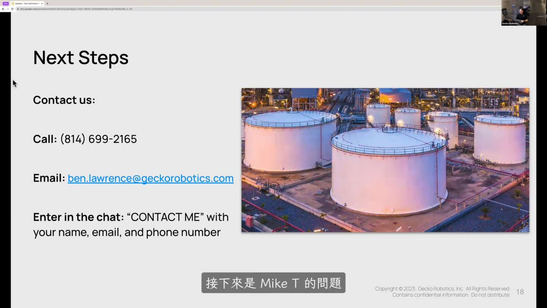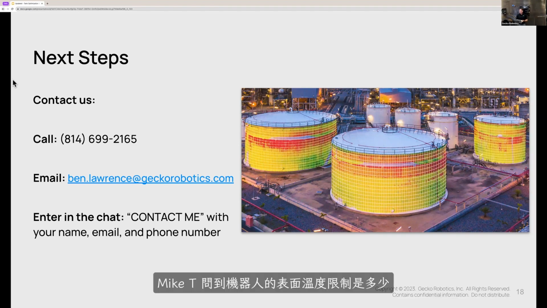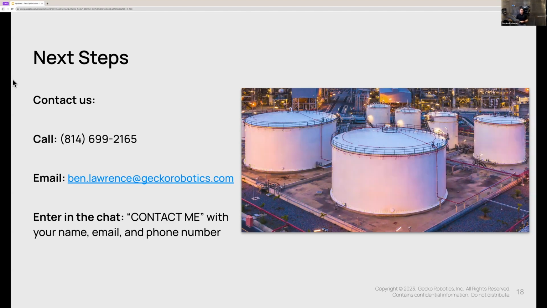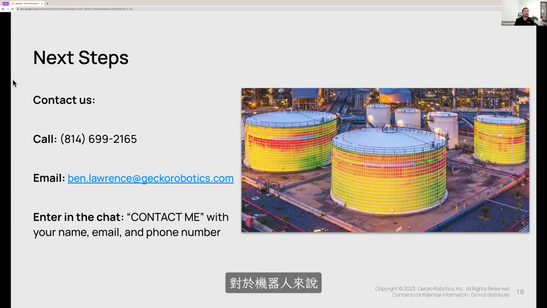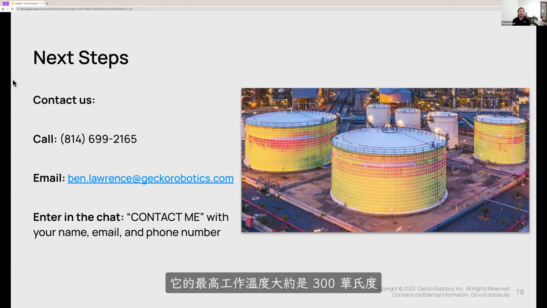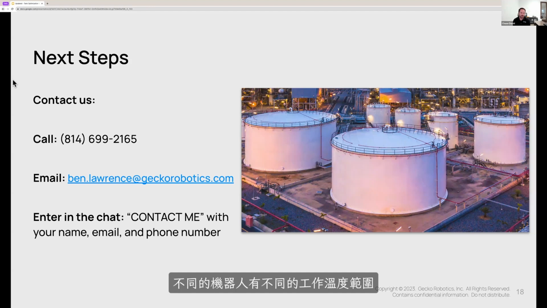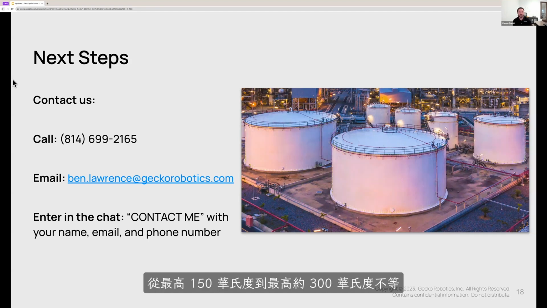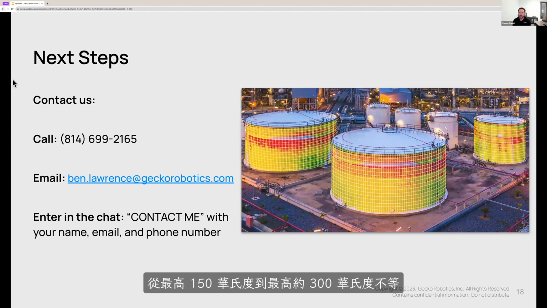Okay, moving to Mike T. Mike T asks, what's the surface temperature limit? Chase, if you can speak to that for the robots, then I can speak to it for the sensors. Sure. For the robots, like the one behind Ben there, it's going to be about 300 degrees or below. There's many different robots that we have that operate somewhere between 150 as their maximum and then up to about 300 as their maximum.